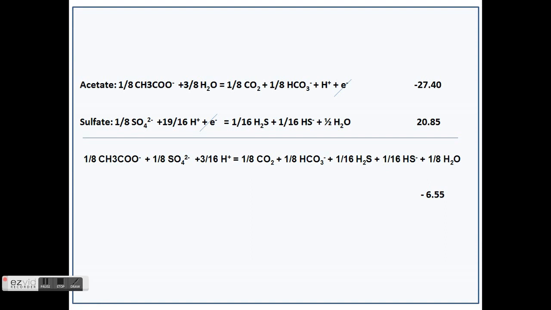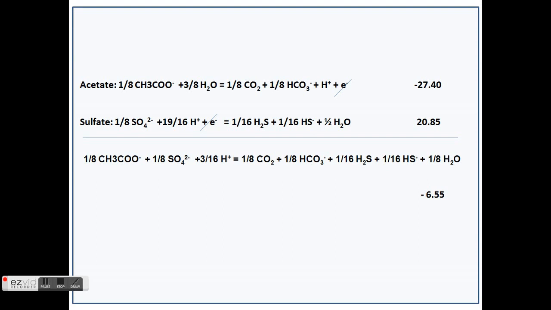And then we have a positive charge here of 3 over 16. Normally, each negative charge cancels out a positive charge. So we can subtract these two charges to see what charge we need to have on our right hand side that can balance the charge on the left hand side.